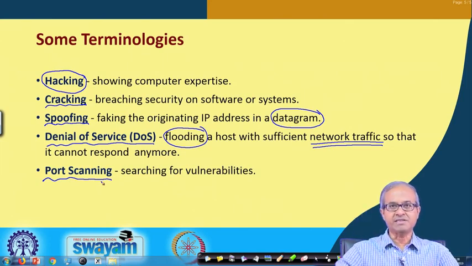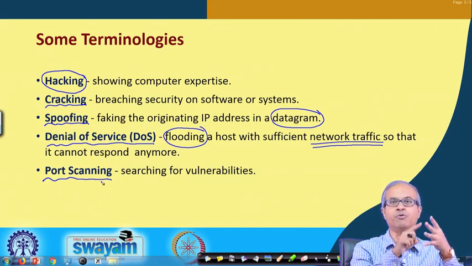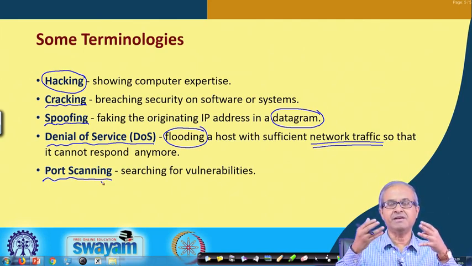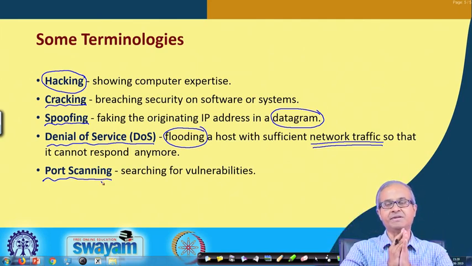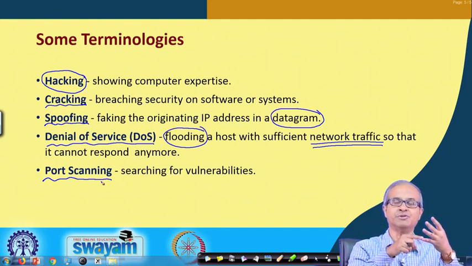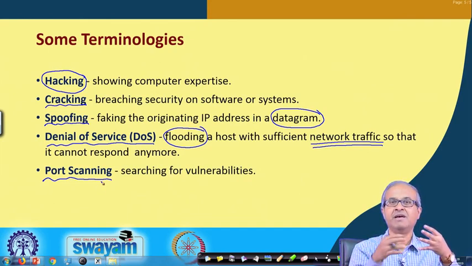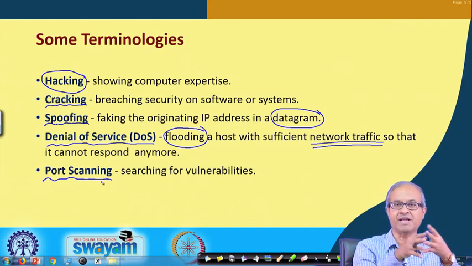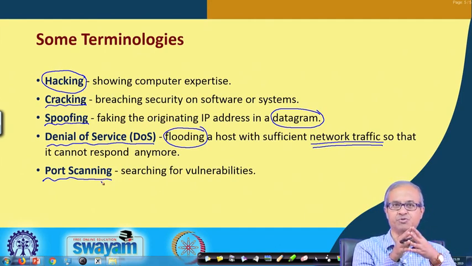Whenever you are trying to attack a system, normally the first step is to scan through some dummy packets, ping packets, and try to find out which of the port numbers in the system are active. Suppose you find out that there are 4 ports which are active, then normally there is a well documented hacking guideline which tells you that for these 4 ports, what are the known vulnerabilities and what are the best ways to attack or get entry into the system through these ports.